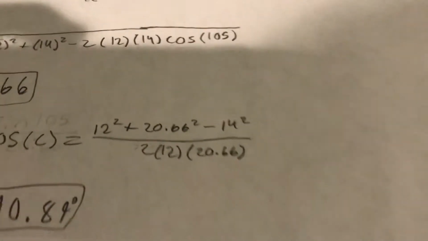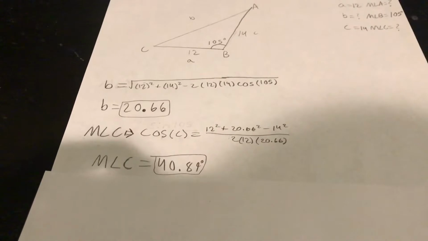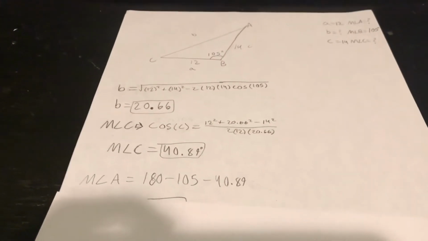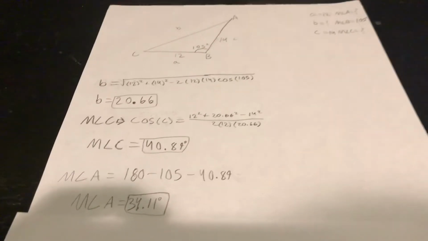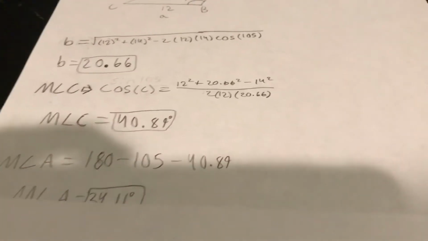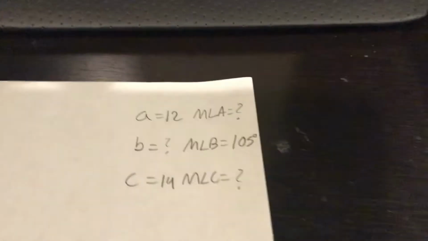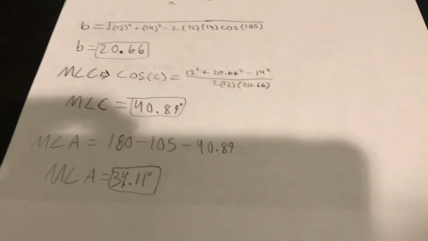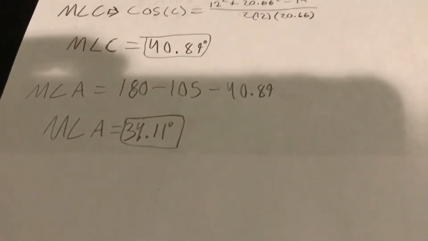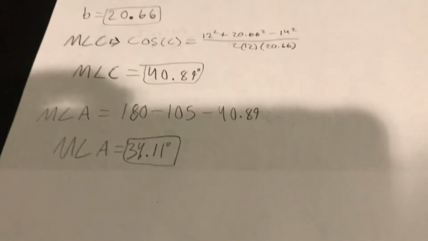Next up, we are going to find side C. Plug it into the equation, plug it into our calculator, and find that it is 40.89. After that, to find side A, we take 180 and subtract 105, which was our given angle B, and then subtract 40.89, which is what we just got for angle C, and find that it is 34.11 degrees.